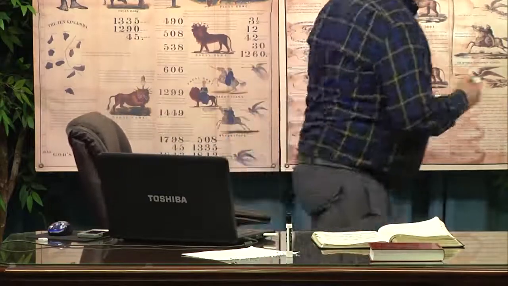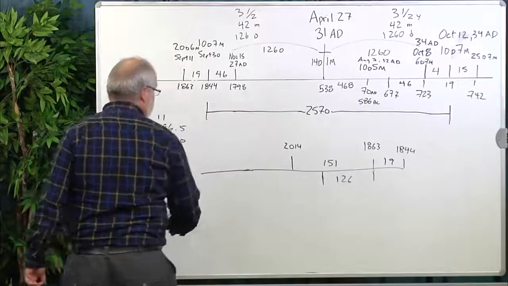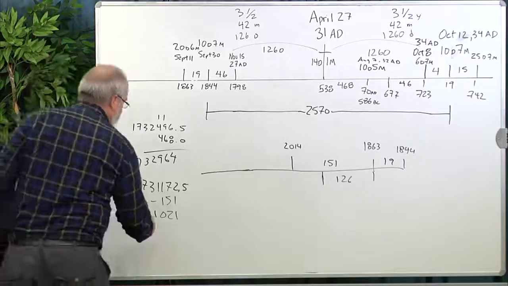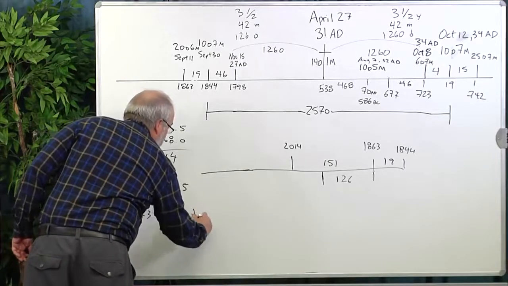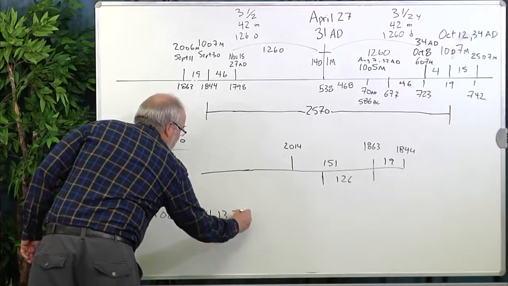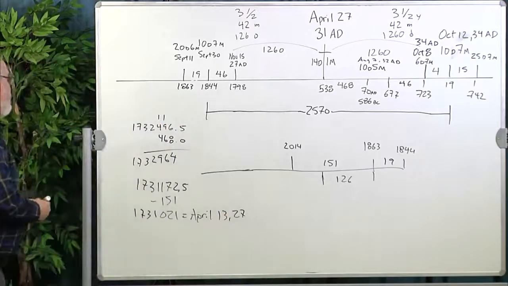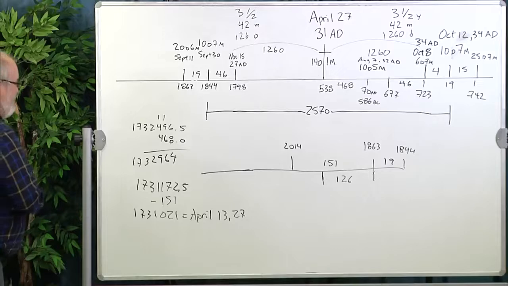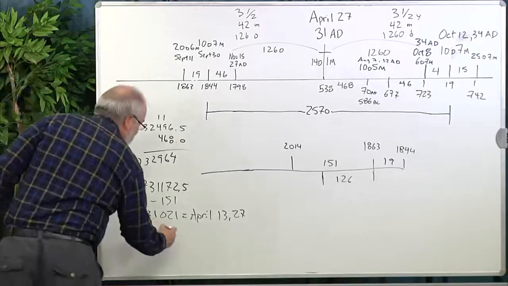Did I do that? Okay, that was 151, right? Okay, I wanted to do 126. Did that number come up here? Okay, so that's 151. This one brings us to April 13th, 27 AD.